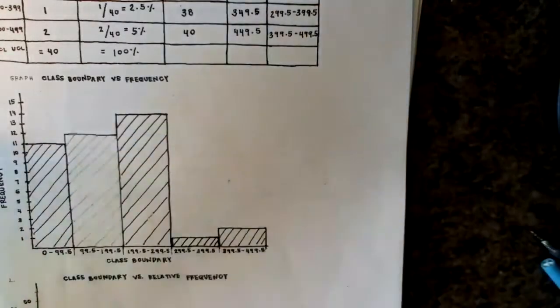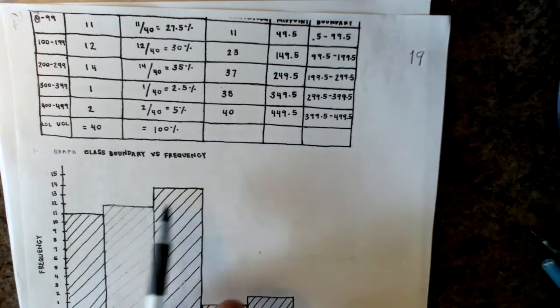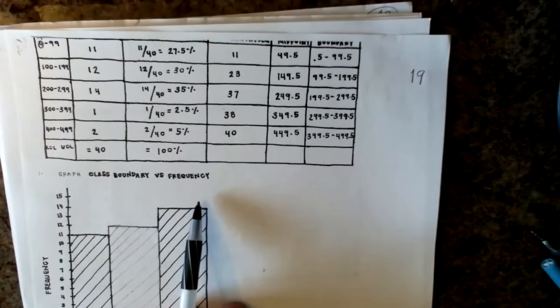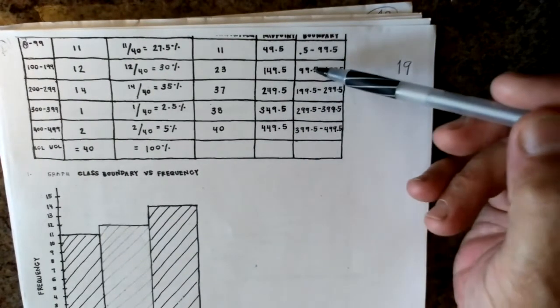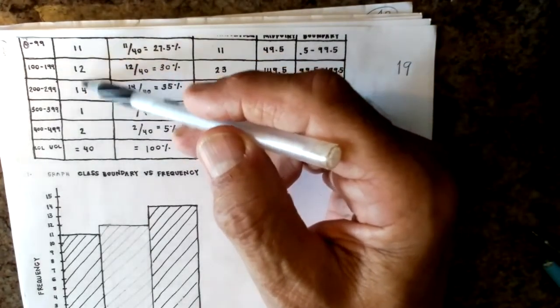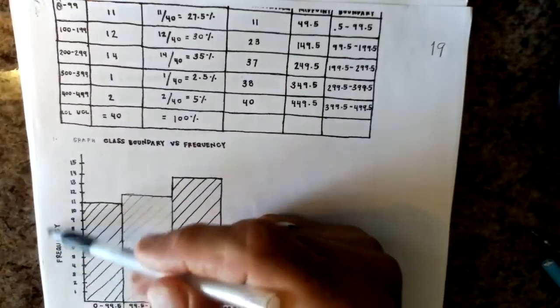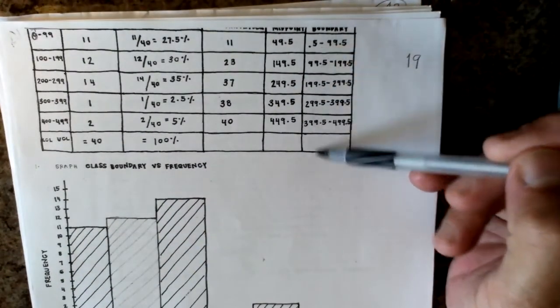And I have a better picture here. Like class boundary versus frequency, right? So this is your class boundaries, and this is your frequency. So you put all these numbers here, and class boundaries are these numbers.